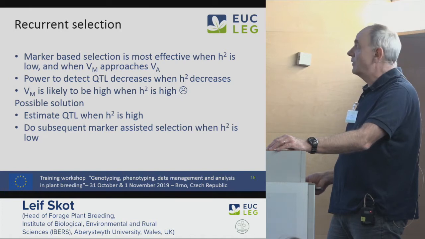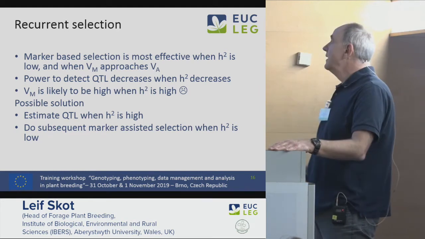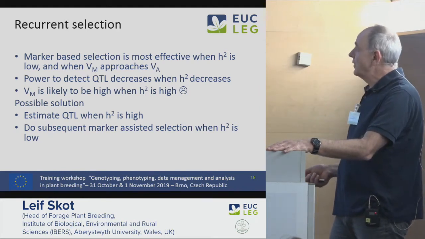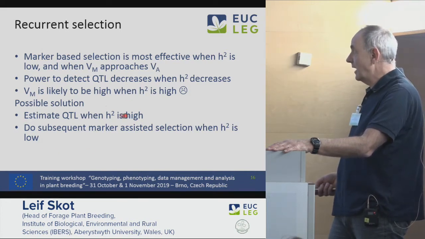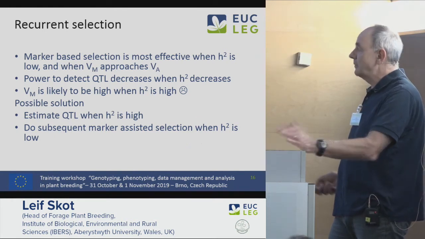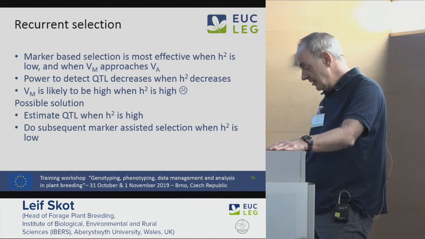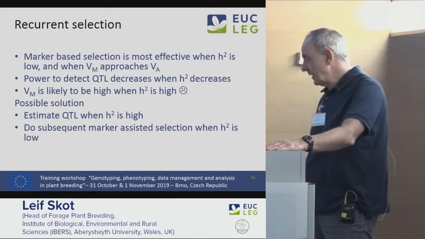And so the variance explained by the marker is likely to be high when heritability is high. So that's not really so useful. So a possible solution is to estimate the QTL when heritability is high, and then do subsequent marker-assisted selection on populations where heritability is low. So there's a little bit of a conundrum there.